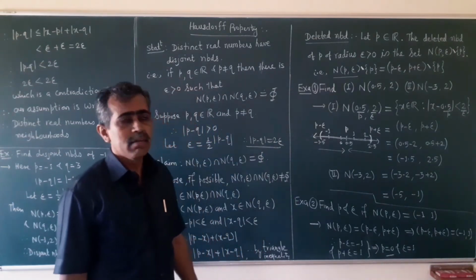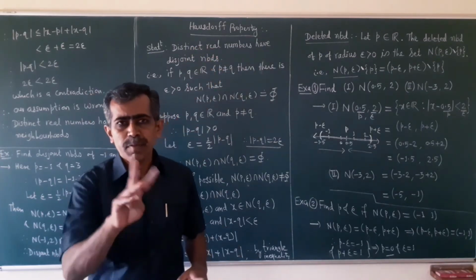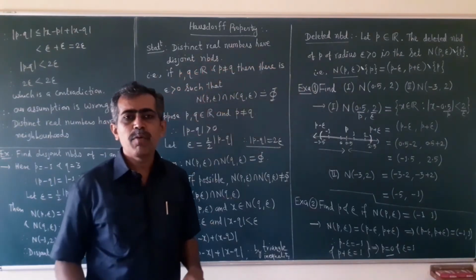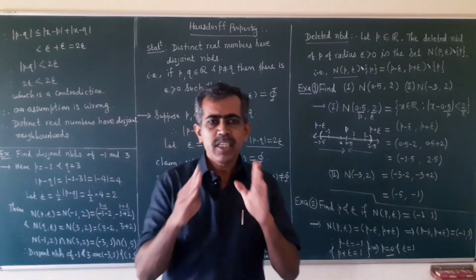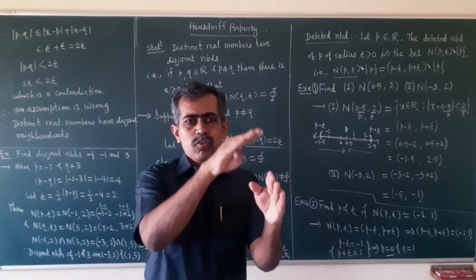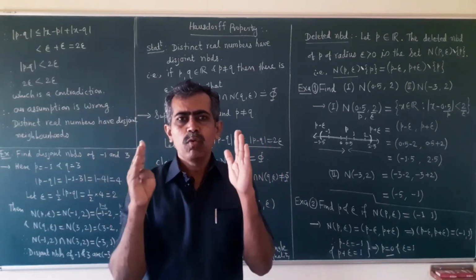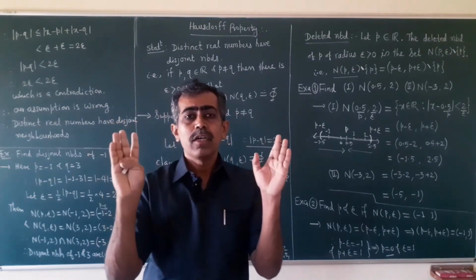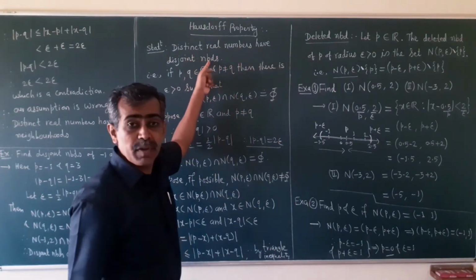If you have two different real numbers, then these numbers have disjoint neighborhoods. They can be separated by neighborhoods of distinct real numbers. If you have two real numbers, then you may have neighborhoods of the two points which have nothing in common. You may choose neighborhoods of the distinct points in such a way that the neighborhoods are disjoint. So two different real numbers have what type of neighborhoods?